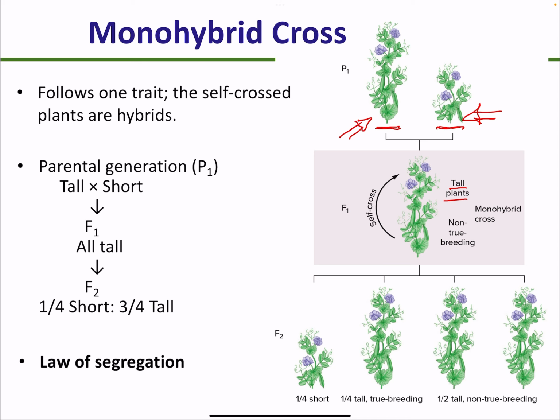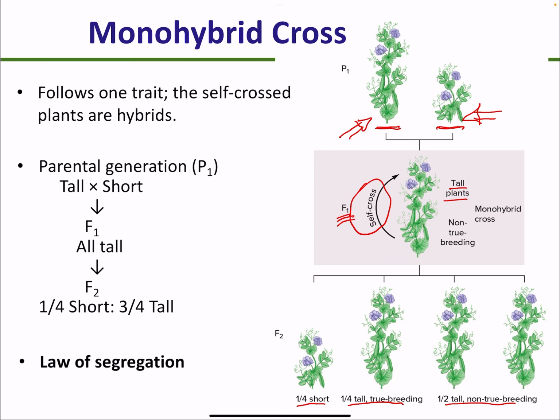But interestingly, when he self-crossed individuals from the F1 generation, the first generation, he noticed that out of 4 plants, 3 were tall, 1 was short.